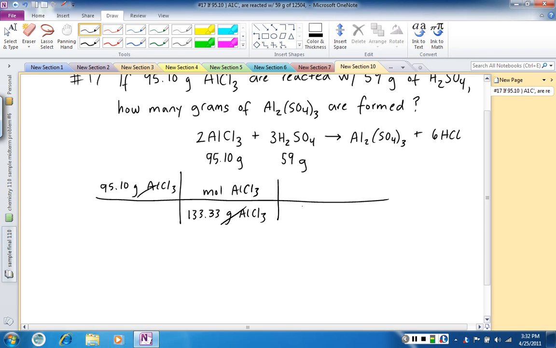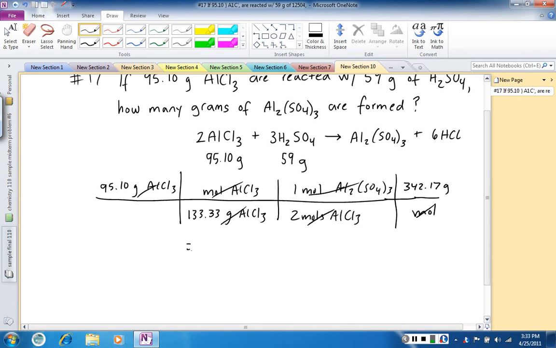The ratio is 2 moles of AlCl3 for 1 mole of our product, Al2(SO4)3, and then 342.17 grams per mole for our product.